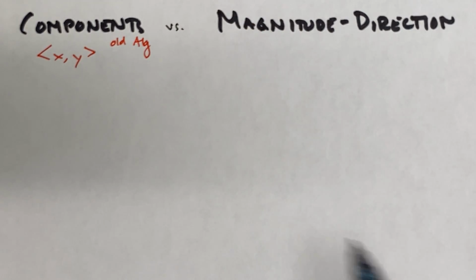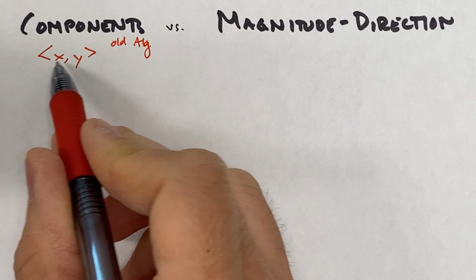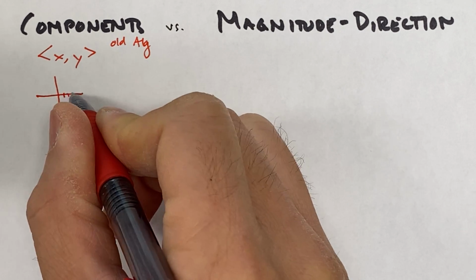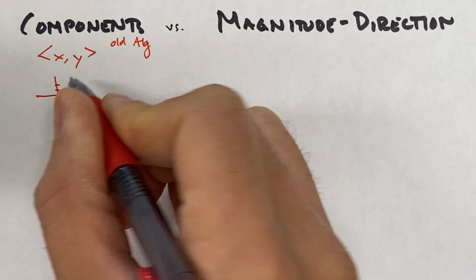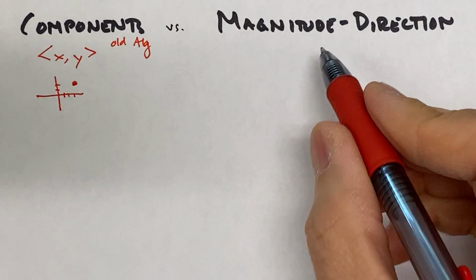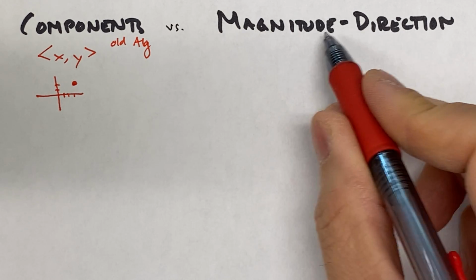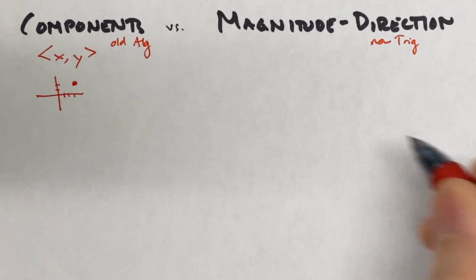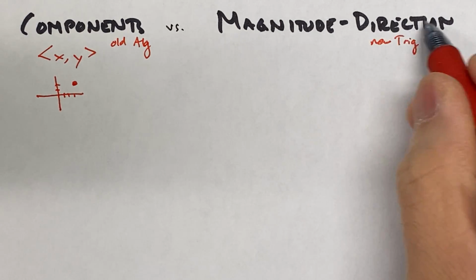Okay, so this is old school algebra. And what I mean by that is if I gave you some numbers here, for example, if this was 3 and 2, that means you would move 3 steps to the right, 2 steps up, and there's the location of your dot. And if I gave you new school trigonometry, instead of just giving you a left, right, up, down movement, I'm going to give you a direction.